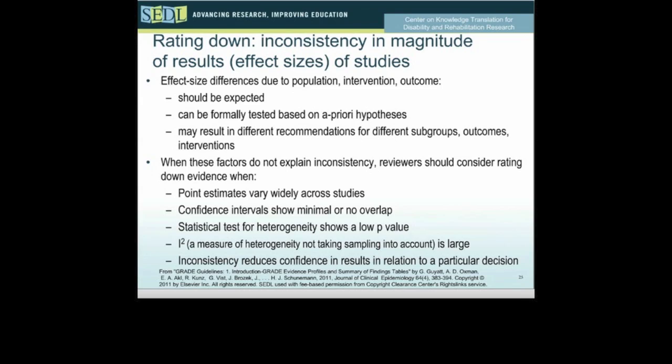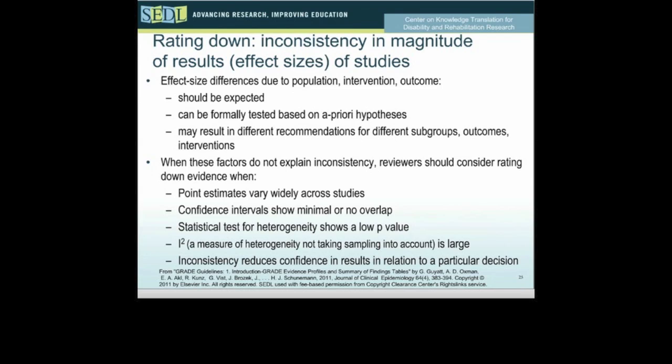However, if you cannot tease apart why different studies have different outcomes based on population, intervention, and outcome, you have to start looking at other factors that may be underneath inconsistency.